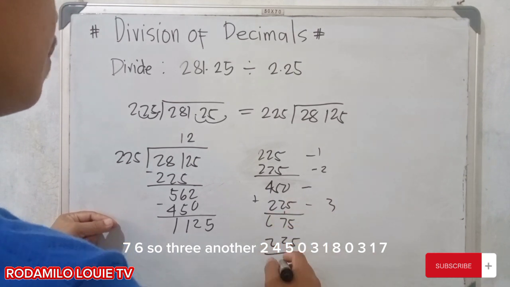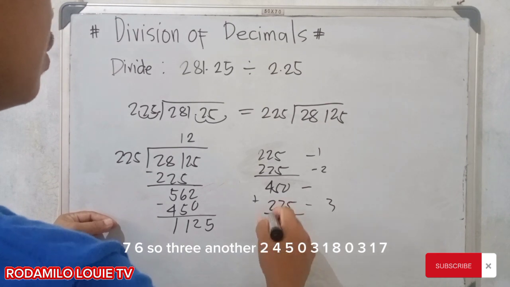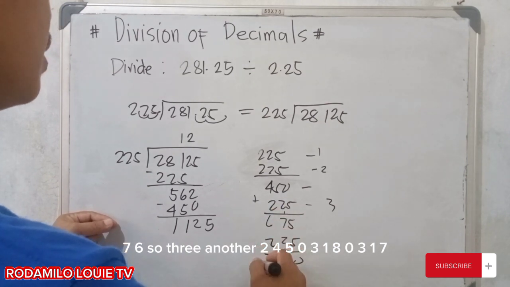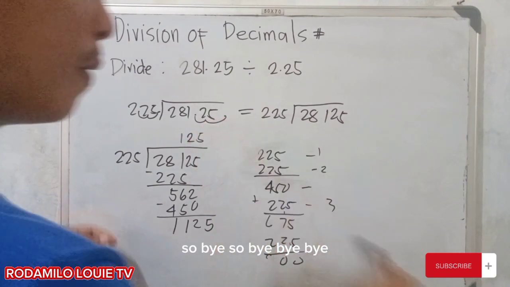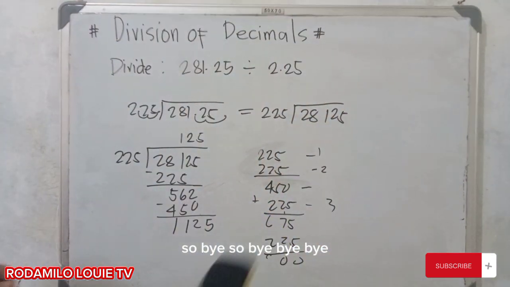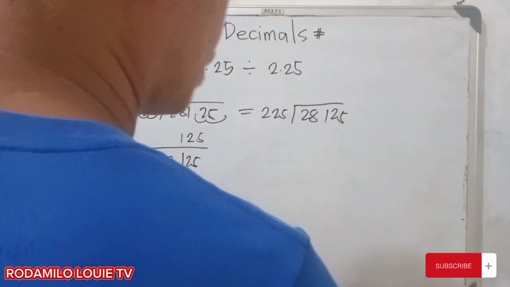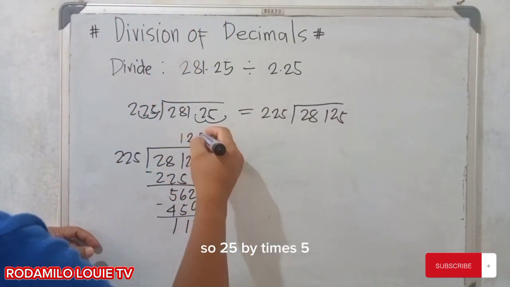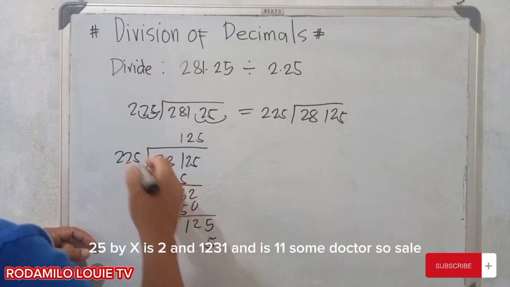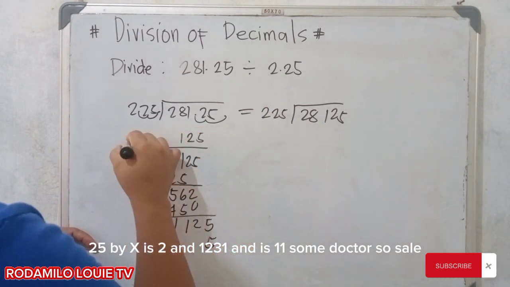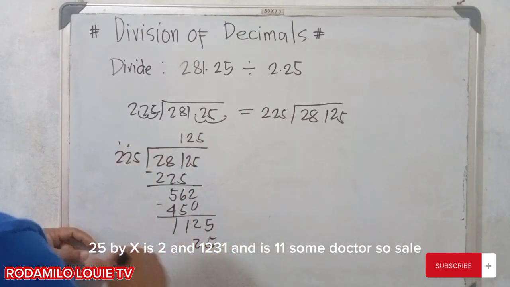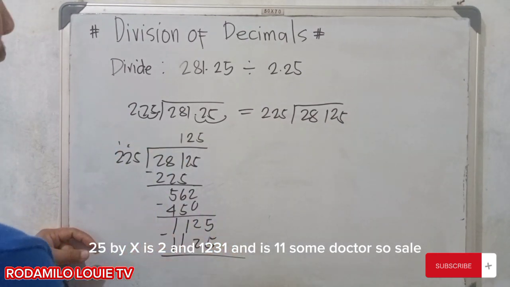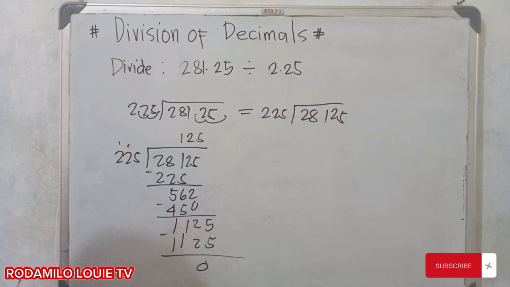So 900. So 5. So 5 na siya. So 25. 5 times 5, 25. Next is 2. And 12, carry 1. Then is 11, subtract that. So 0. So the answer is 125.